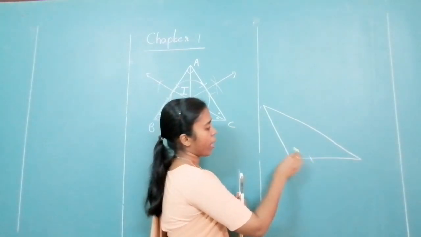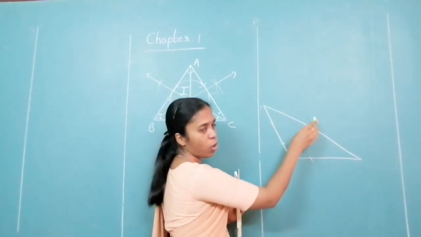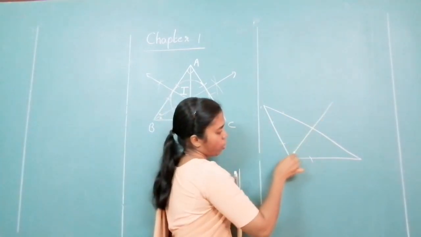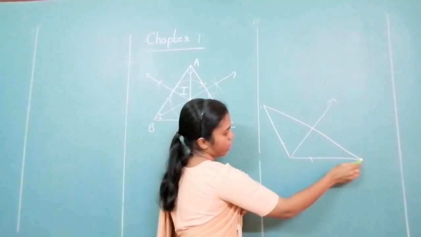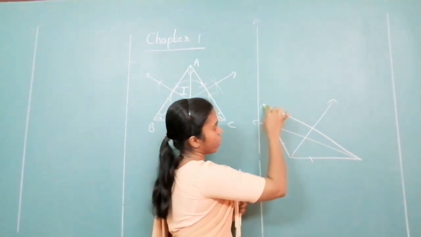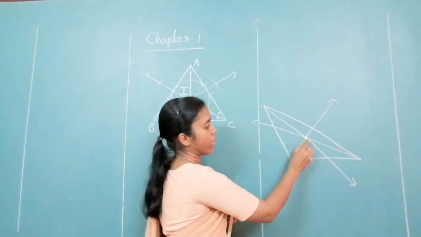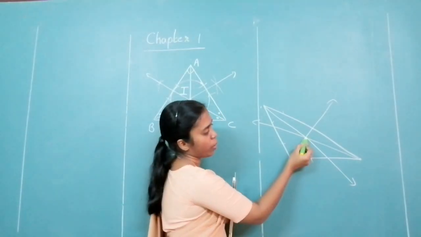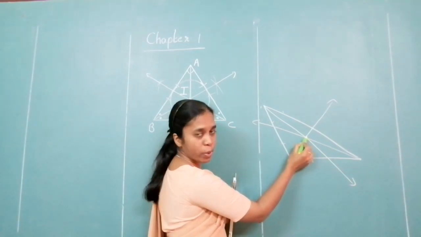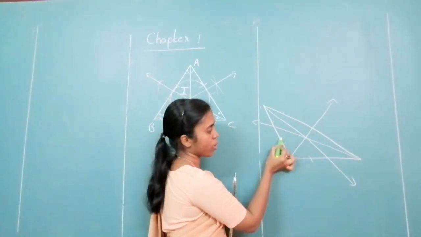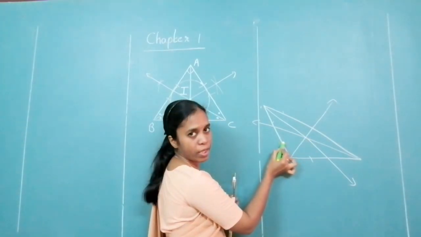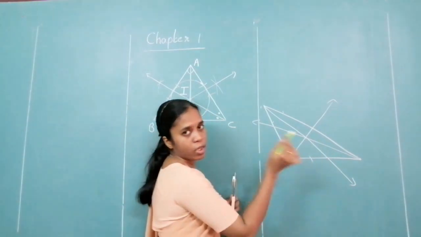Again, you draw angle bisectors for all the angles. Check and see where their incenter comes. Once you get the point of concurrence, keep the compass point over there, extend to the side and take the measure where the side is touching and then draw the circle.